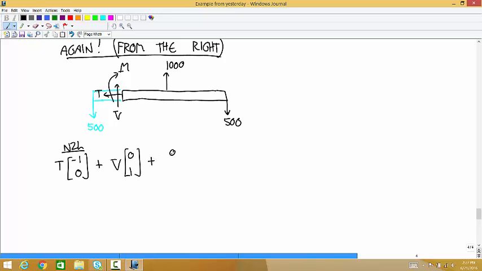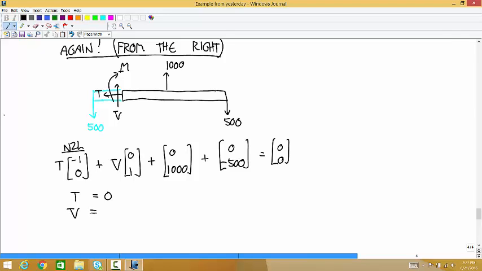And then we have 0, 1,000, and 0, negative 500 is equal to zeros. And so you get t is equal to 0 again. V is equal to negative 500.